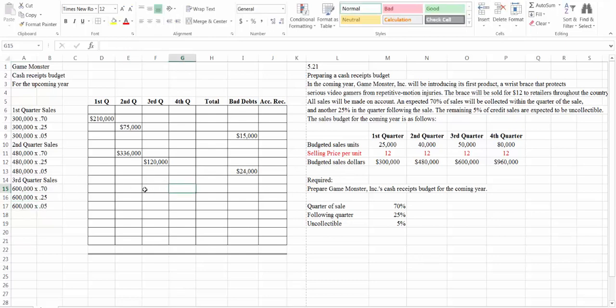Now let's take a look at the third quarter. Third quarter sales, 70% in the quarter of sales. So this is going to be equal to 600,000 times 70%. And then the other 25% of our third quarter sales will be collected in the fourth quarter. And 5% is uncollectible.